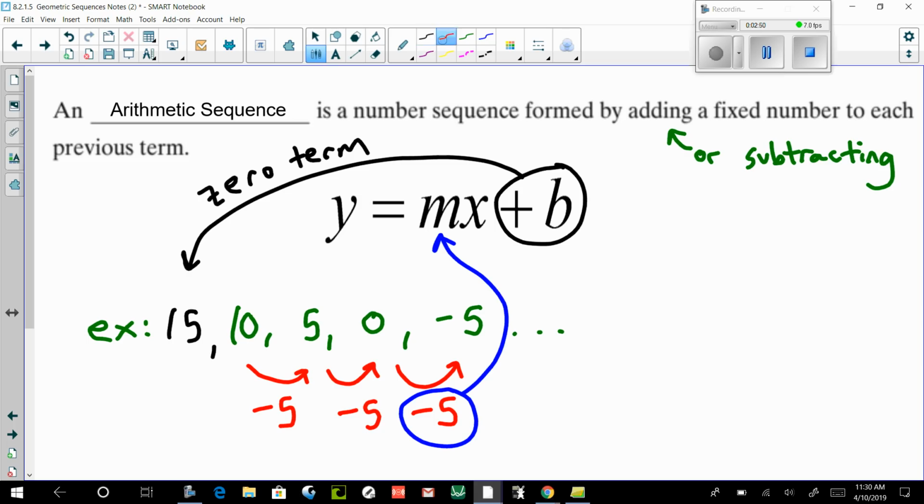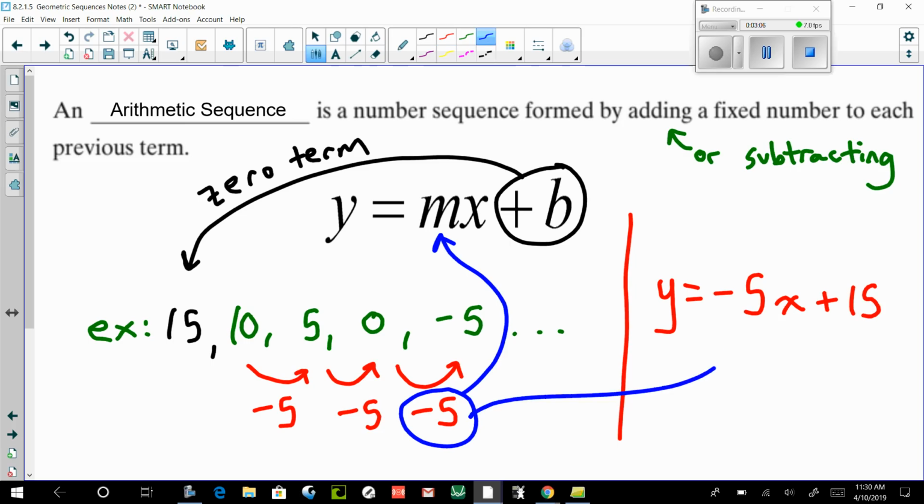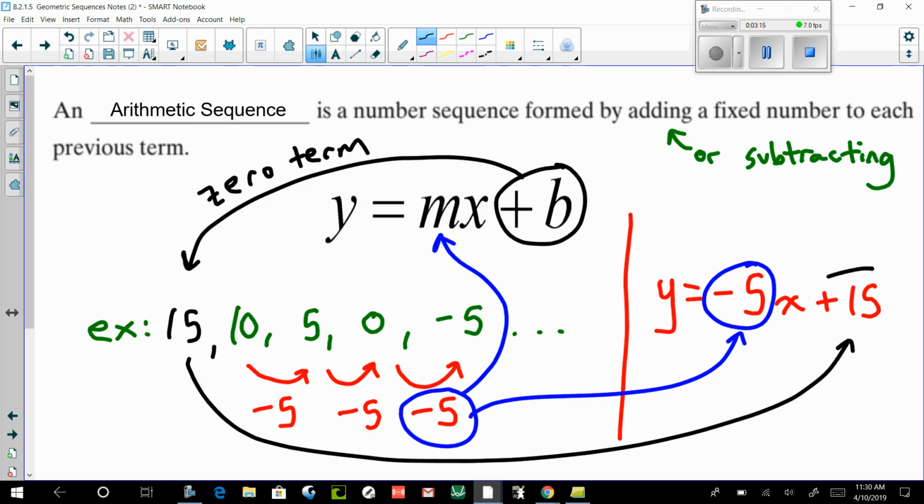So if I wanted to express this sequence as an equation, the equation is going to be y equals negative 5, because that's my common difference, x plus 15. So just to color code here a little bit, this value, negative 5, goes in there for m, and your zero term, 15, goes right in there for b. This is an example of an arithmetic sequence, and here is your equation.